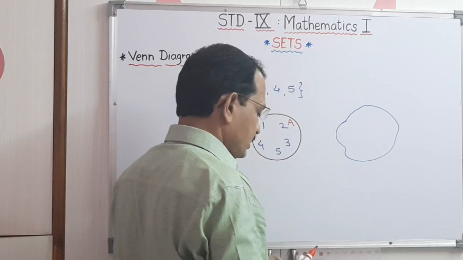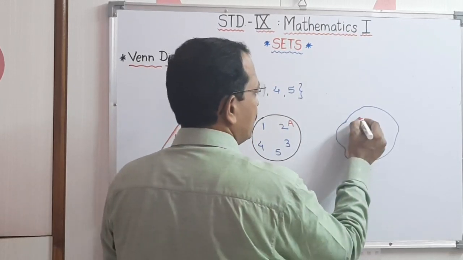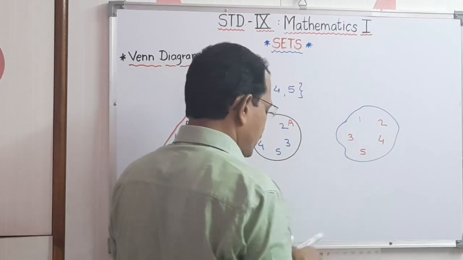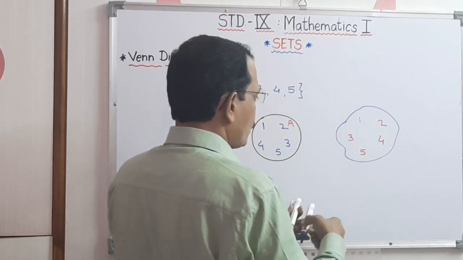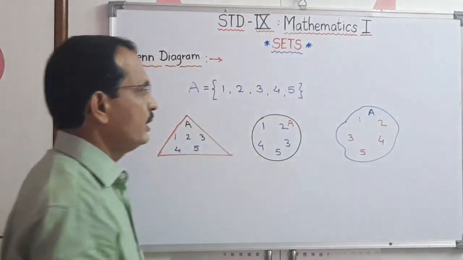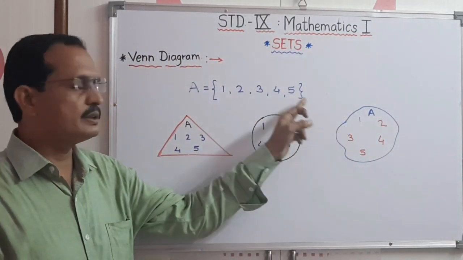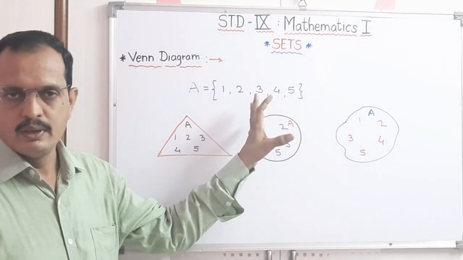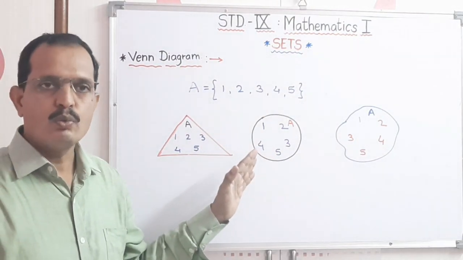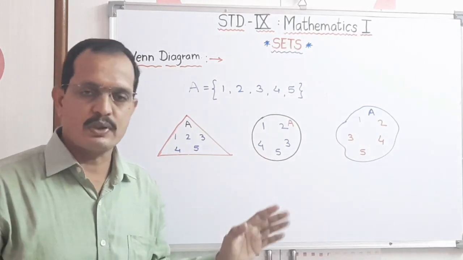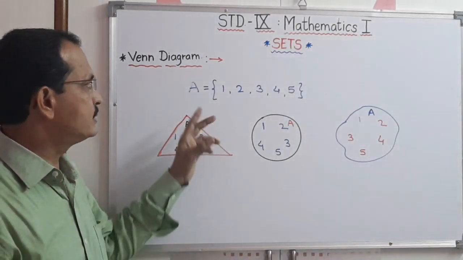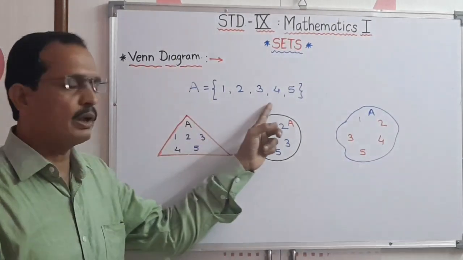In this figure, suppose I write the elements 1, 2, 3, 4, 5. Then this is a closed figure, and therefore this is set A. That is, this figure is a Venn diagram for set A. That means to represent any set we can use any closed figure, and that closed figure is called a Venn diagram for that particular set.